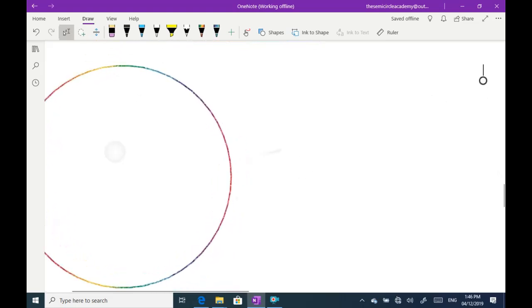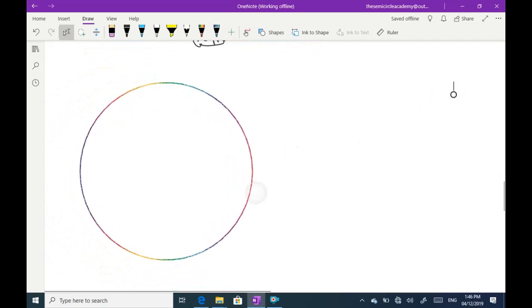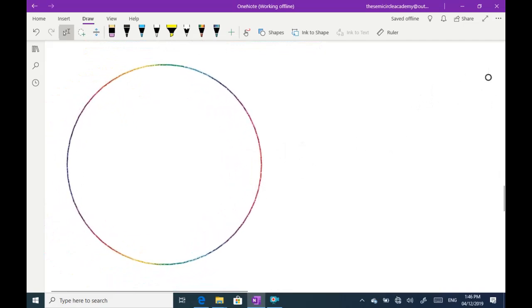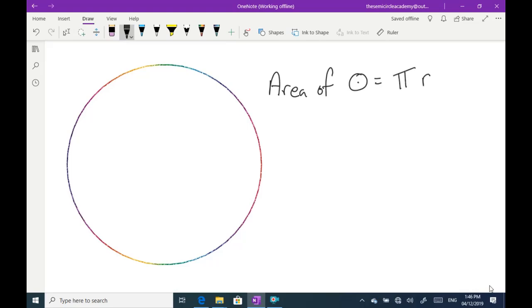Now, of course, we have another very special type of shape here. And this is essentially the circle, right? Now, the area of a circle, and that's the symbol for a circle, is this formula pi r squared.